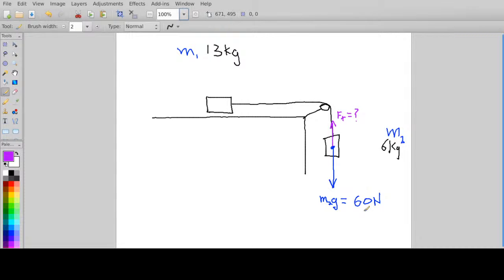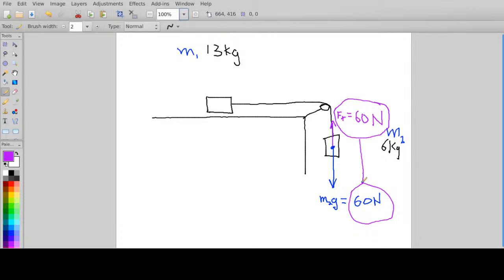If it were bigger than 60, the box would accelerate up, and it's not doing that. If it were equal to 60, it wouldn't be going anywhere, so it had to be less than 60. But this time we do know what it's going to equal. It's got to exactly cancel the force down. These two have to exactly cancel one another.